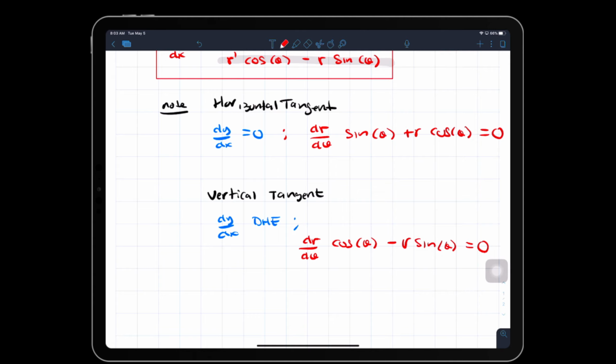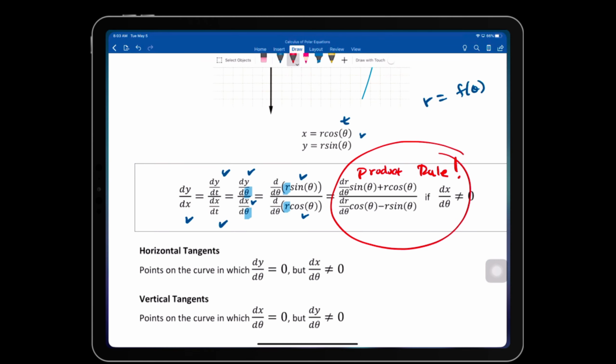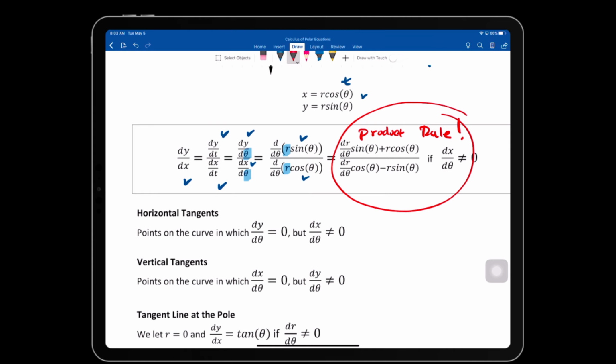So this is what we're going to use. And in our notes, I did mention that, if we can find that, there we go. It's essentially in parametric form. I did say horizontal tangent right here is when dy d theta is 0, but dx d theta, the denominator, can't be 0. So that's what I just mentioned. And similarly, for vertical tangents, points in the curve in which dx d theta is 0, the denominator is 0, but your numerator is not.